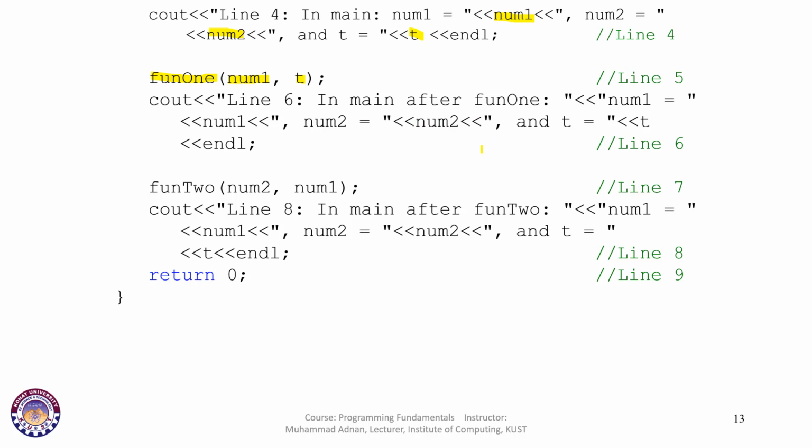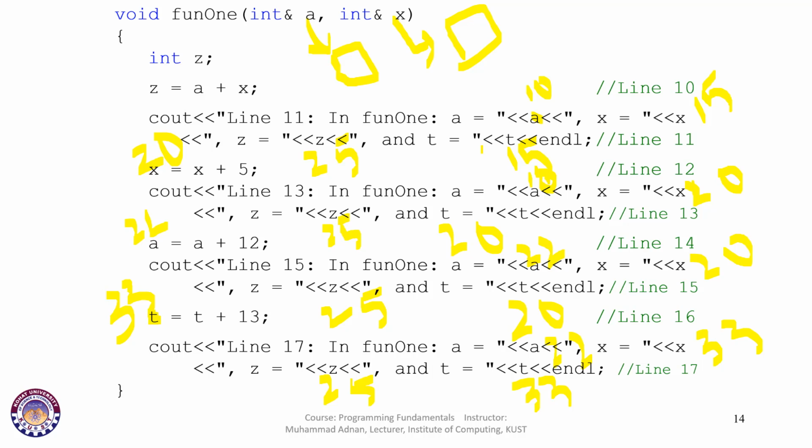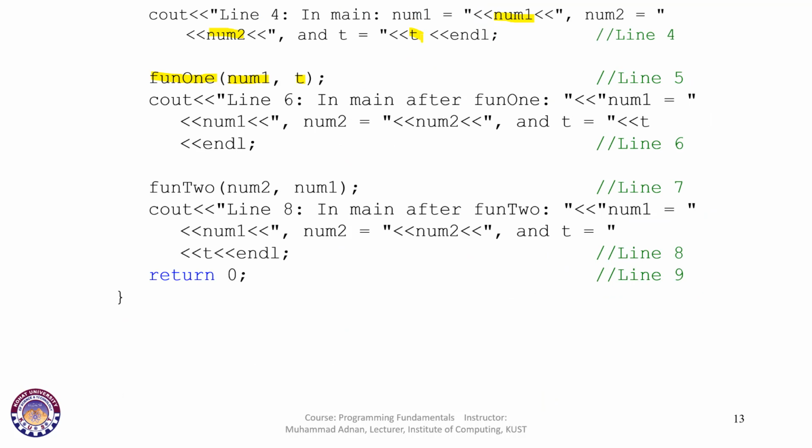Because num1 was passed as an address and a was pointing to it, num1 will have the value of 22, num2 remains same, it's 20, and t will have the value of 33. So 22, 20 and 33.